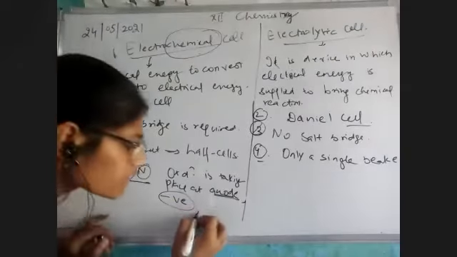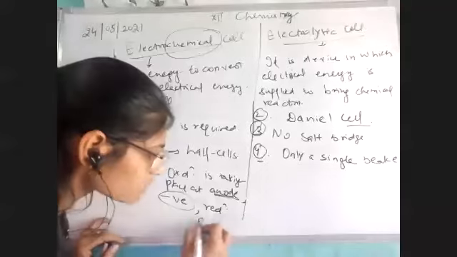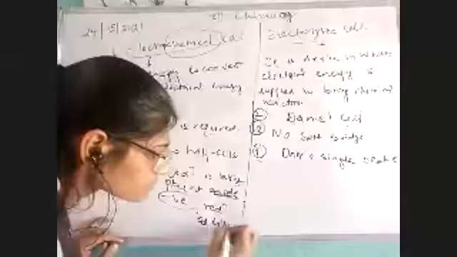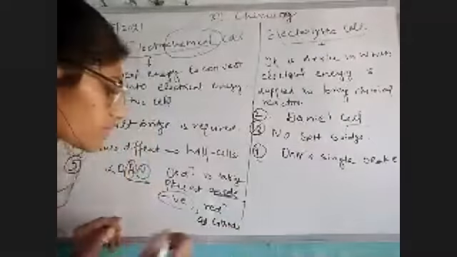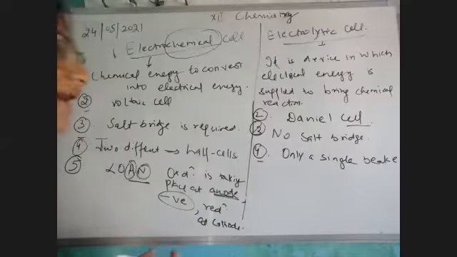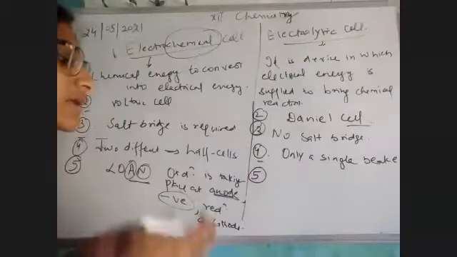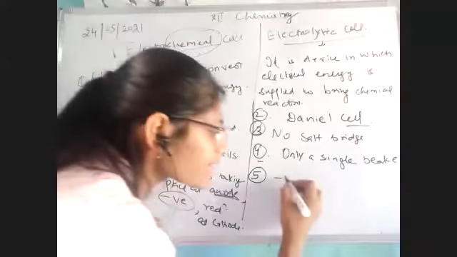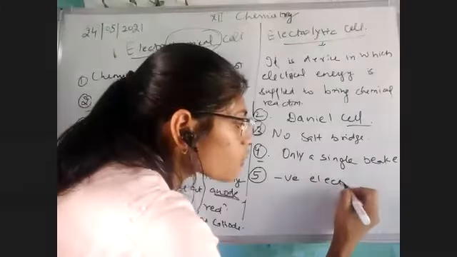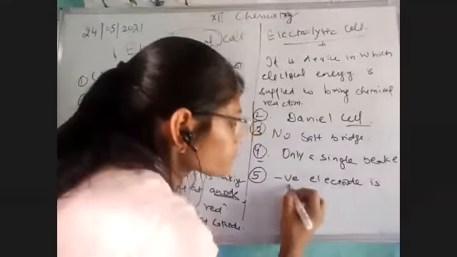As well as reduction at the cathode. Okay. Now the point here is electrolytic cell is totally opposite to it. So it wants to say that the negative electrode is known to be the cathode.